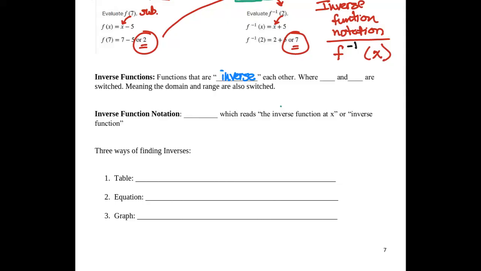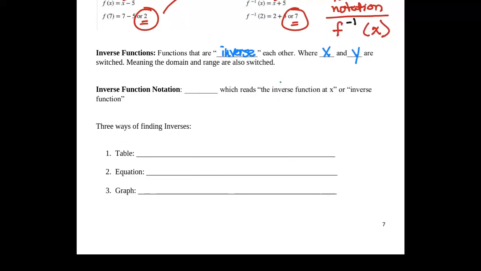Okay? Where x and y are switched. We are literally going to switch the places of the x and the y. Sometimes it will be the x values and the y values. Sometimes it literally will be the x and the y.